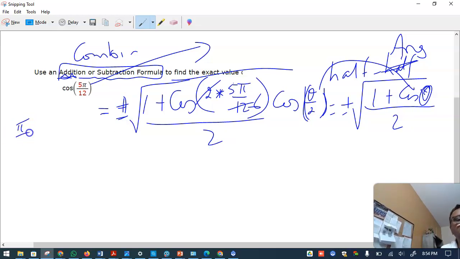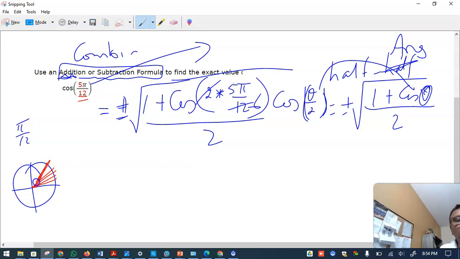So remember pi by 12, all around there will be 24 pi by 12. So where is 5 pi by 12? It's like 1, 2, 3, 4, 5.